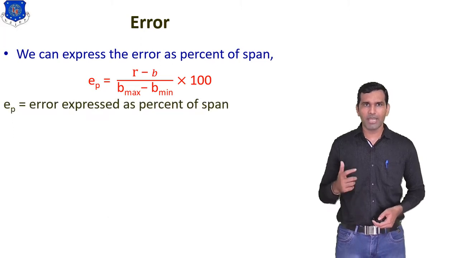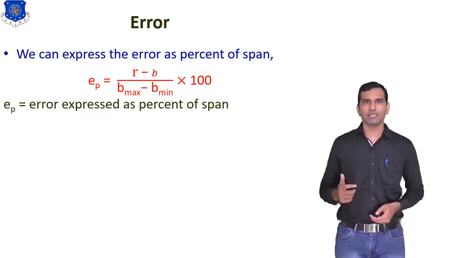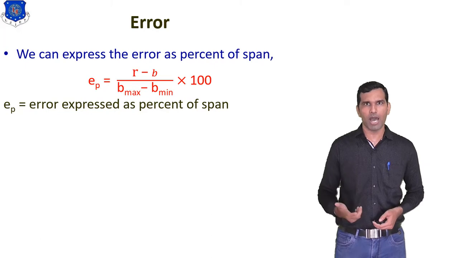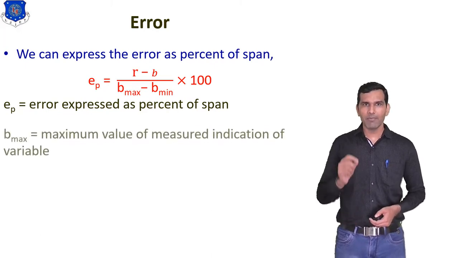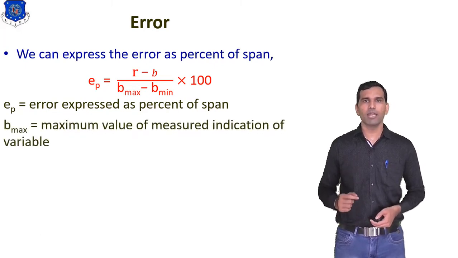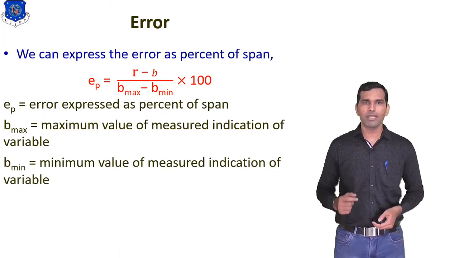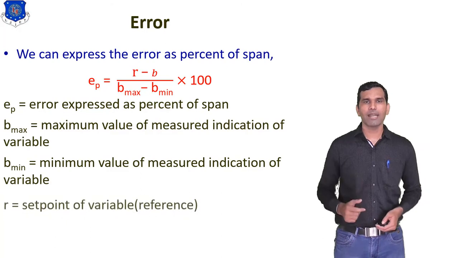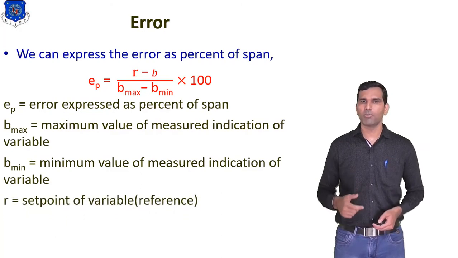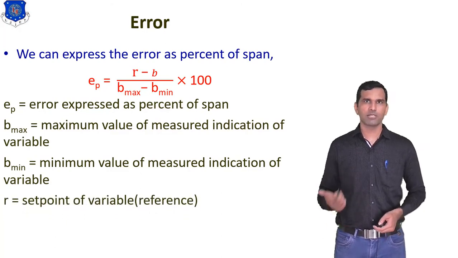So here Ep indicates the error expressed as a percentage of span, Bmax indicates the maximum value of the measured variable, Bmin indicates the minimum value of the measured variable, and R indicates the set point of the variable, or the reference point.